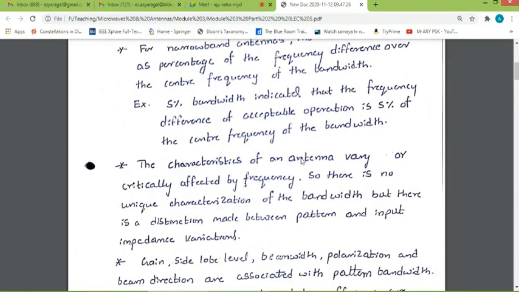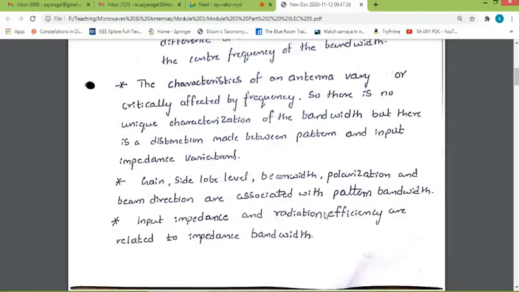Now let us understand two other characteristics: pattern bandwidth and input impedance bandwidth. Bandwidth is a very important characteristic of an antenna, as the characteristics of the antenna will be critically affected by the frequency change. If there is a pattern bandwidth, the gain, side lobe level, beam width, polarization, and beam direction are associated with it.